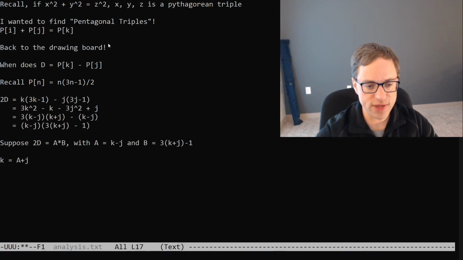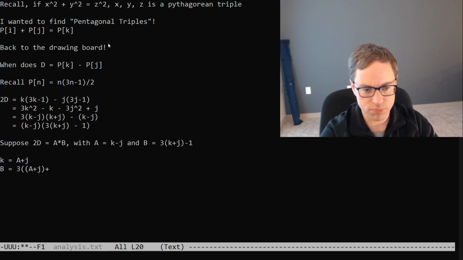And then we can substitute that into the expression for b over here and get b is equal to 3 times a plus j minus 1. And so that's going to be 3 times a plus 2j minus 1.